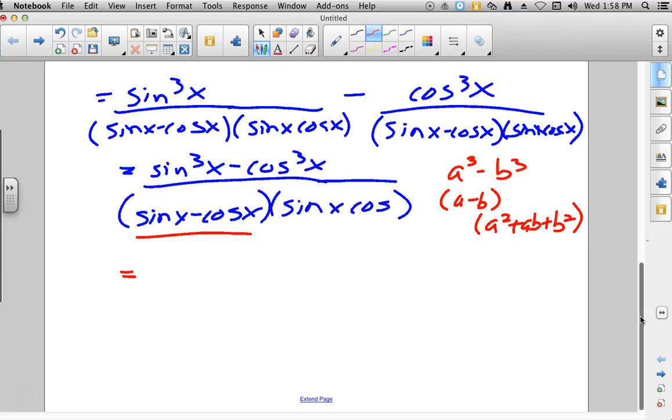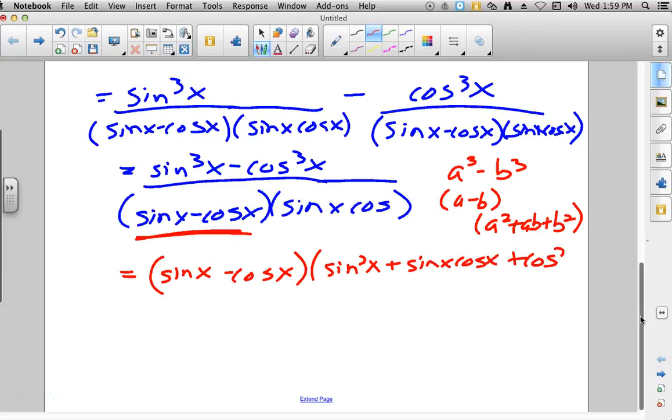So in our numerator, we will have the sine of x minus the cosine of x, which is great news because look at our denominator. We're going to be able to cancel that. But what we would have left would be sine squared x plus sine x times cosine x plus cosine squared x from the second portion of that fraction.